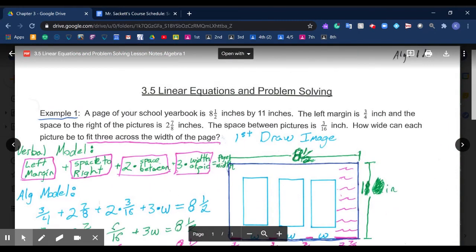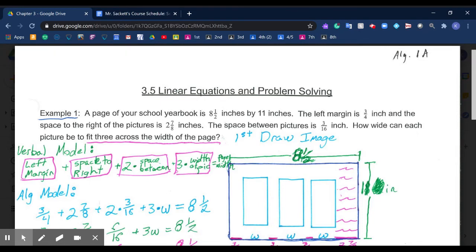So in example 1, it says a page of your school yearbook is 8.5 inches by 11 inches. Typically with yearbook pages, the longer way is the height, and the shorter distance is the width.